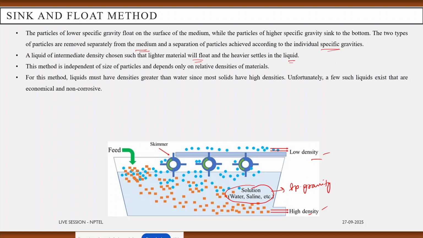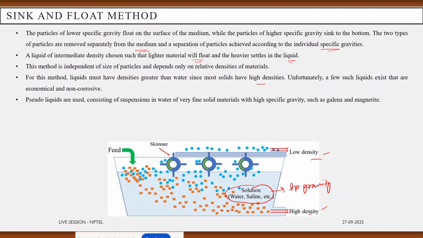For this method, liquids must have densities greater than water, since most solids have very high densities. But unfortunately, there are few such liquids that are economical and non-corrosive. So we make pseudo liquids or synthesized liquids according to our desire.